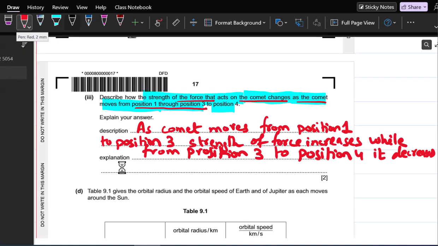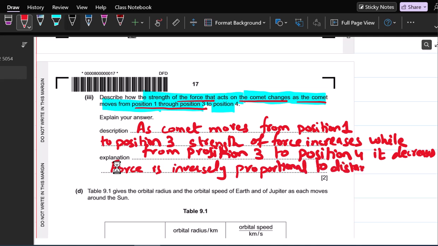Explanation is that force is inversely proportional to distance.